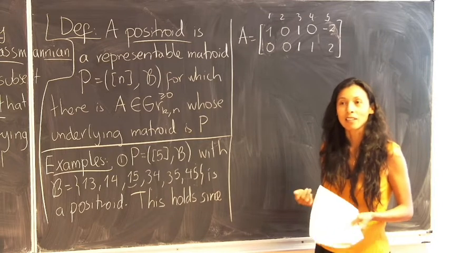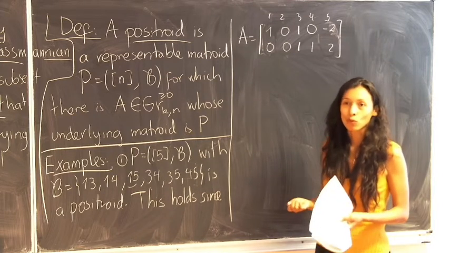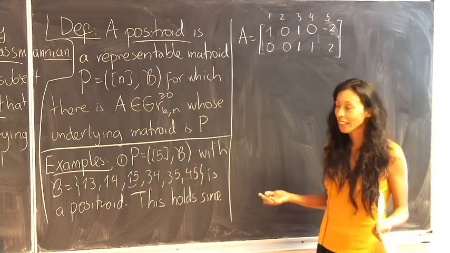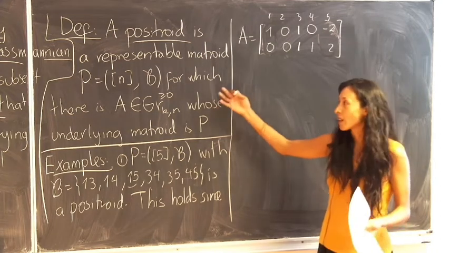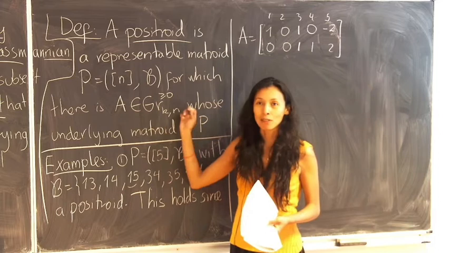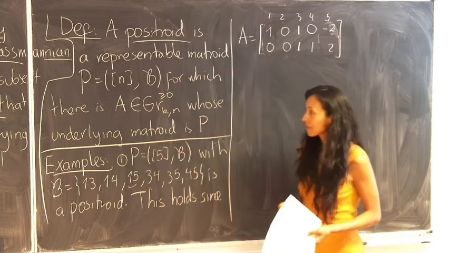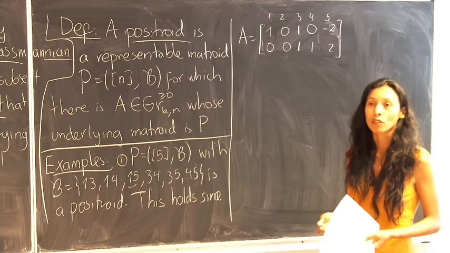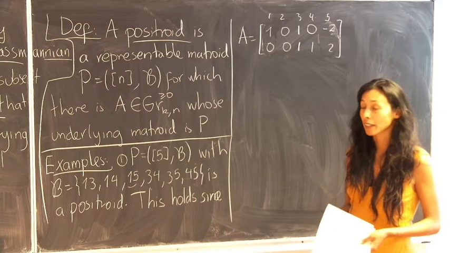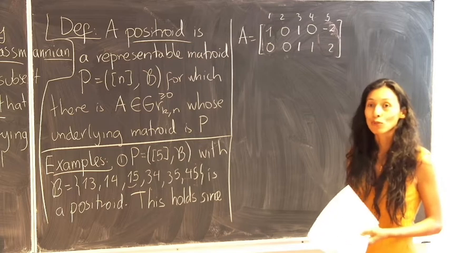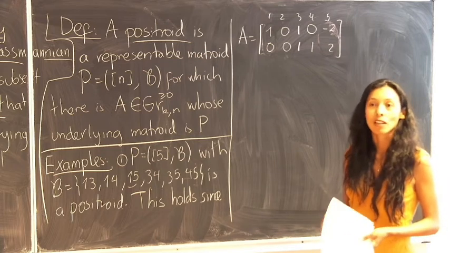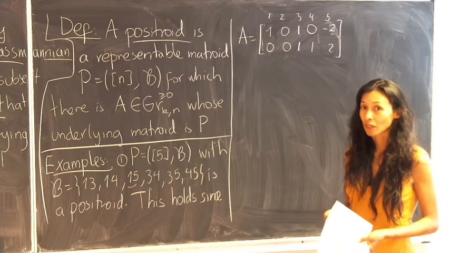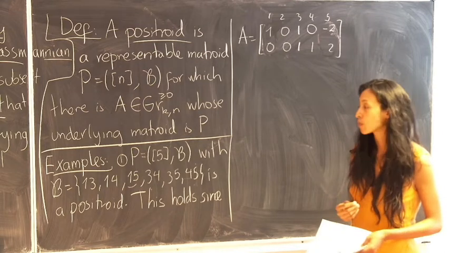That's already a definition that is tricky to work with, because you are not capable of checking the infinitely many matrices that potentially represent a given linear matroid. So you need to come up with a better strategy to check whether or not something is a positroid. And that's part of the tools that I want to provide you with today.